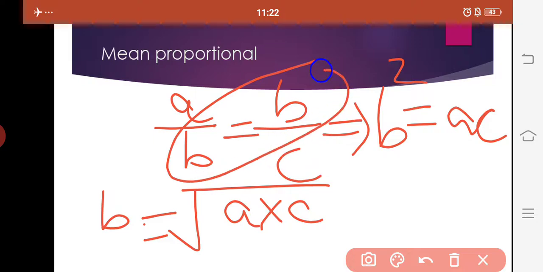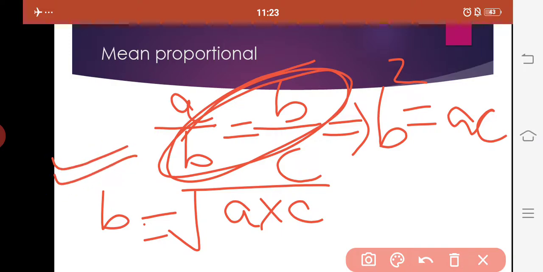That is B. If it is asked to calculate mean proportion, we are asked to calculate the value of B using the formula B equals the square root of A into C, where A and C are called the extreme terms. And B is known as the mean proportional.